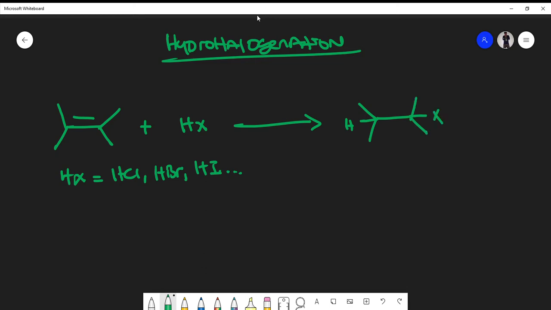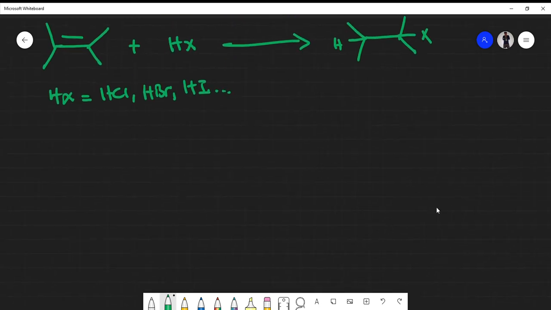So I add H, but I also add X, and I get to lose my double bond. So let's look at an example. That's a general form of hydrohalogenation.